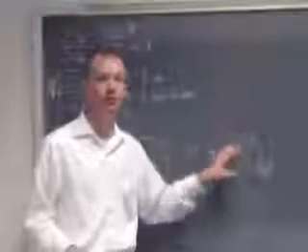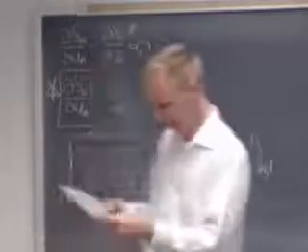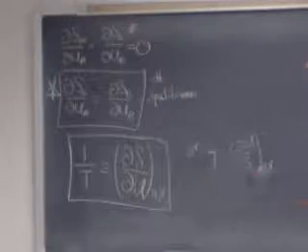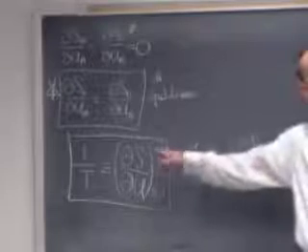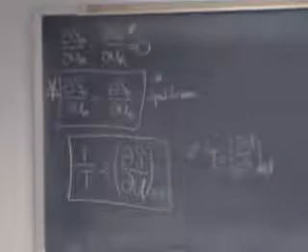This is perfectly true, but in practice it would be difficult to do. Just keep that in mind. So we'll generally have S as a function of U. We plug it in there, take the derivative, we've got 1 over temperature.